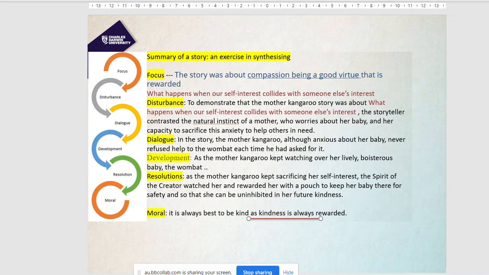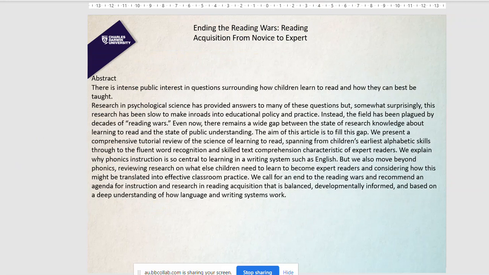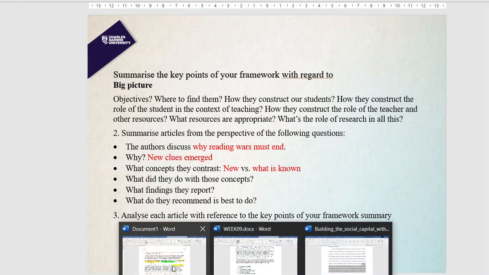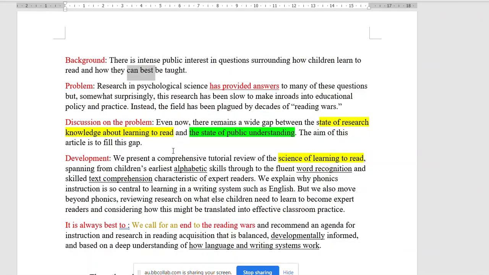And I think I've done something like this. Where did I do that? I'll show you an example. So I divided this paper. Here was the abstract. I'll show you the abstract.